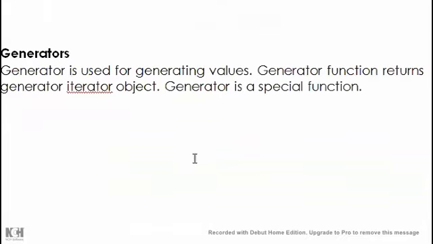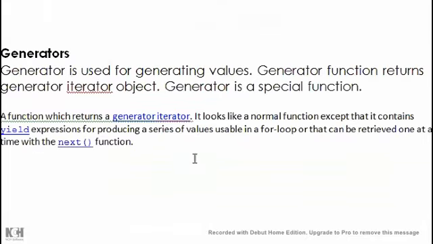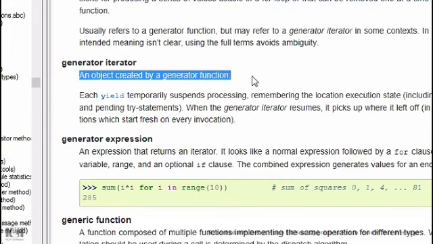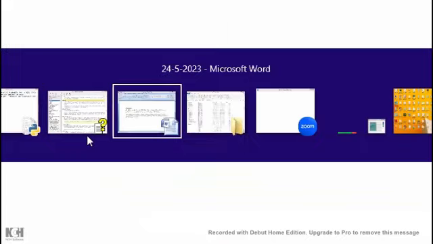But what is a generator iterator? An object created by a generator function is called a generator iterator.